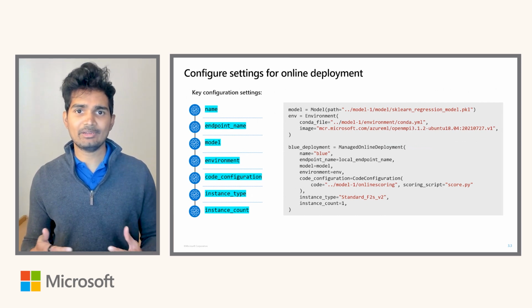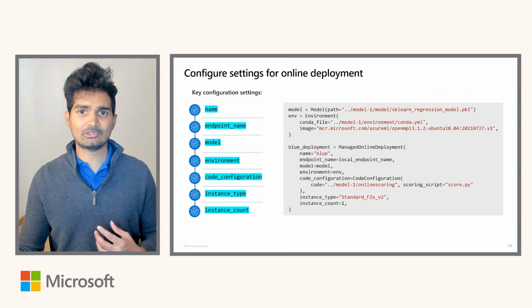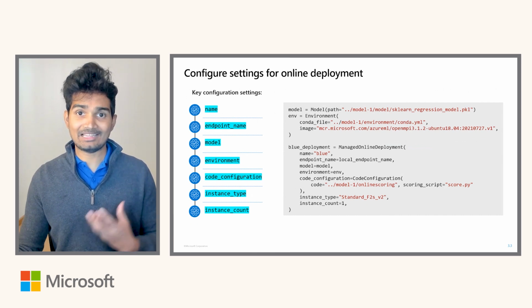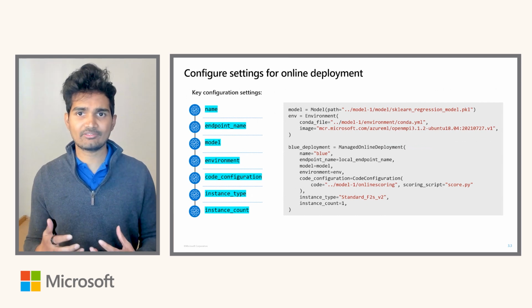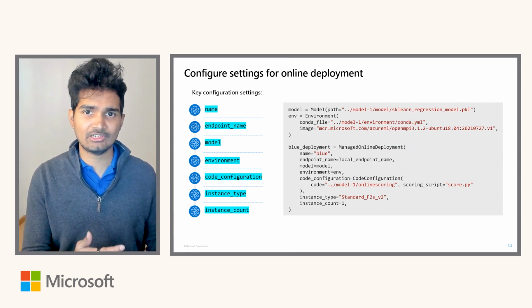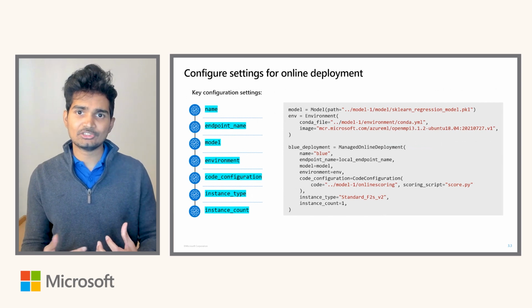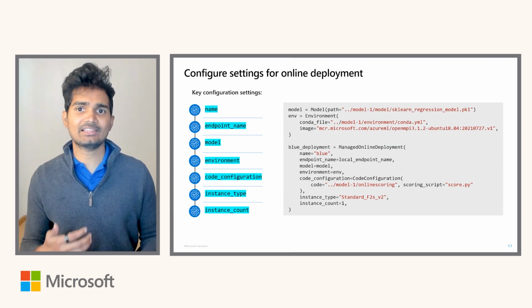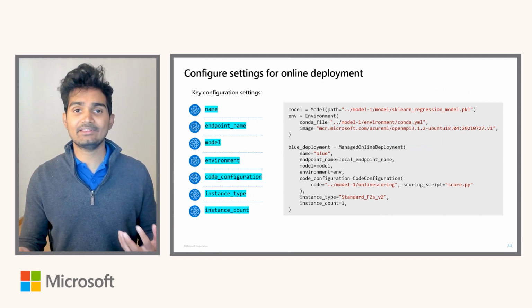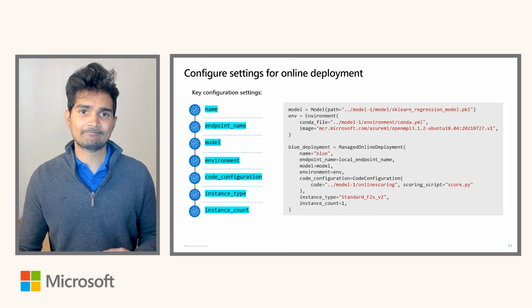Define the runtime environment, including the dependencies and libraries needed for that particular model to run. Then set up the code configuration, specifying the directory containing your scoring script. Choose the type of compute instance to be used for that deployment. And finally, specify the number of instances for scaling this particular deployment.